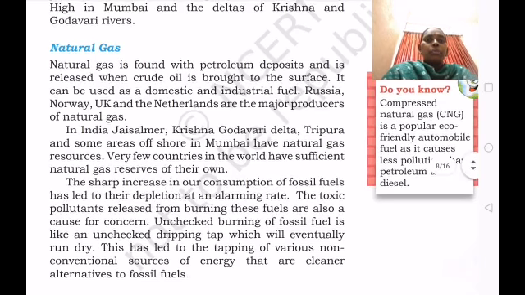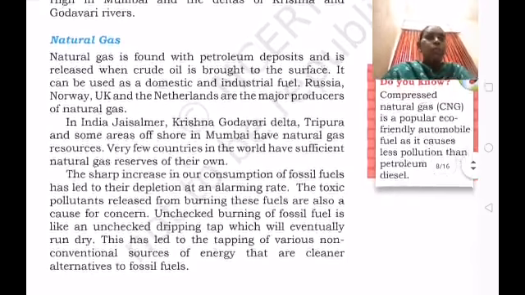The sharp increase in our consumption of fossil fuels has led to their depletion at an alarming rate. The reserves are depleting because of the growth of the population. So we should use them very carefully.